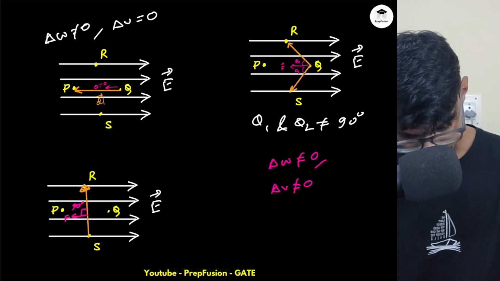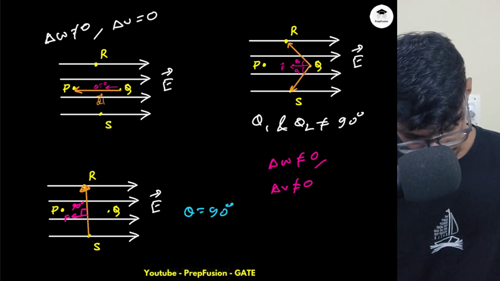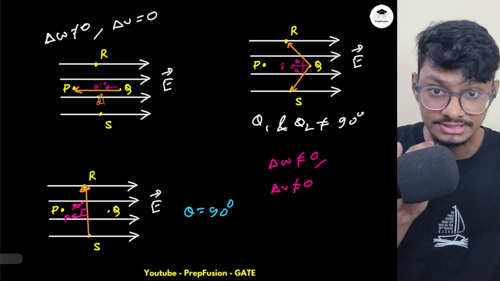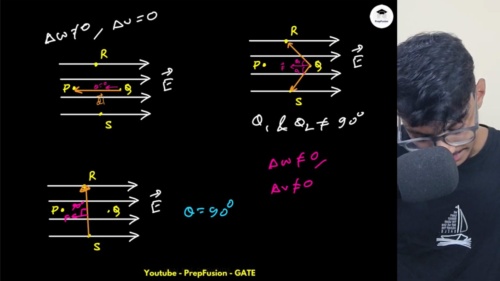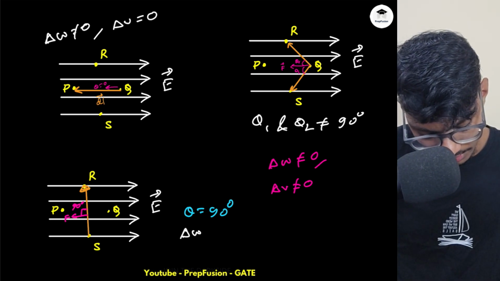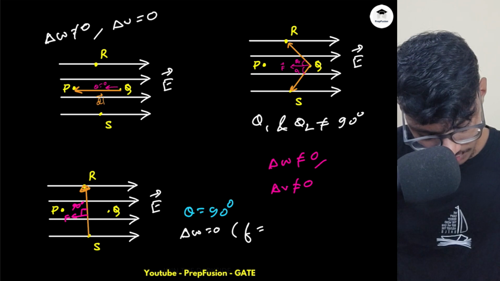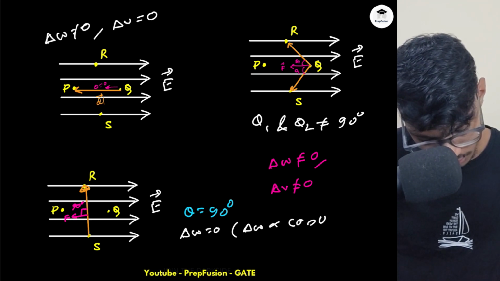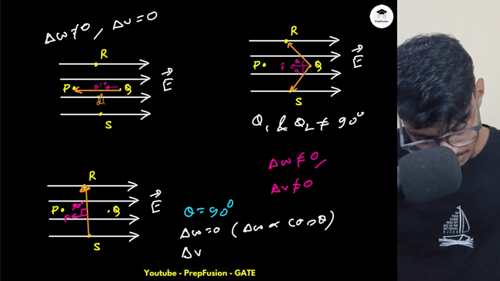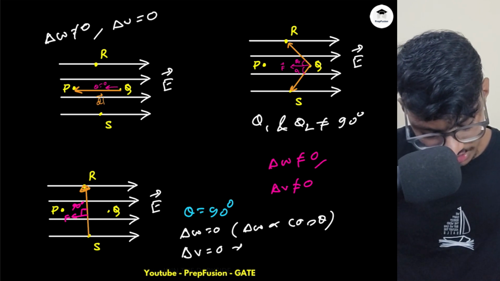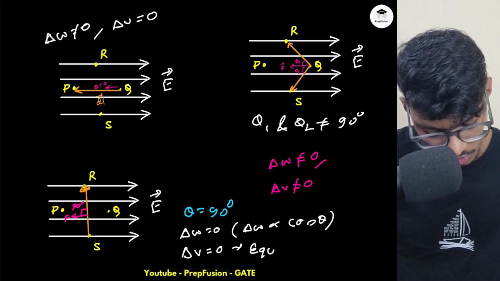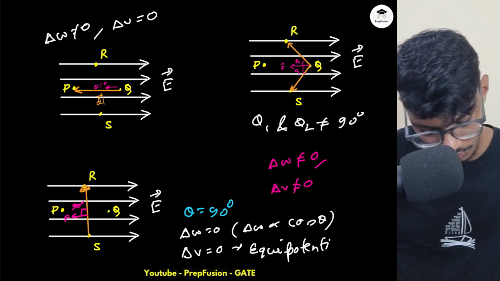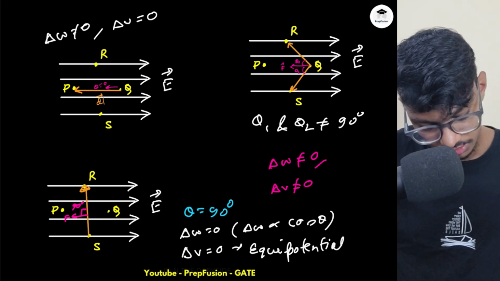If theta is 90 degrees, my del W will be 0, as my del W is proportional to the cos of theta. Hence my del V will be 0. If my del V is 0, that means potential is the same, it is equipotential.